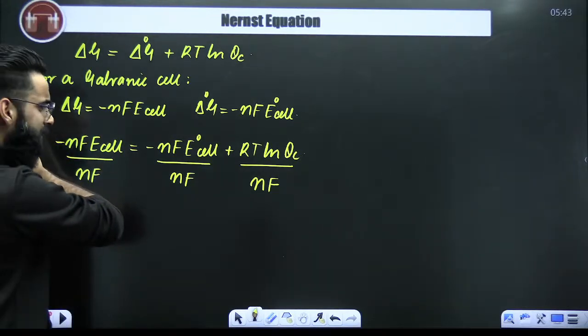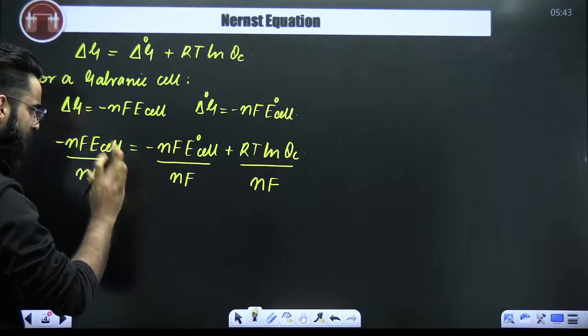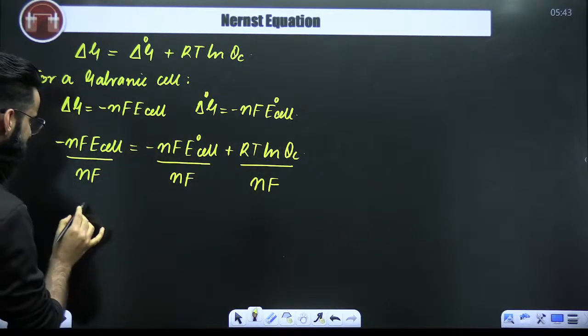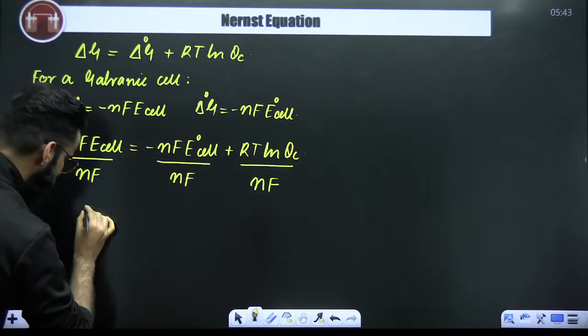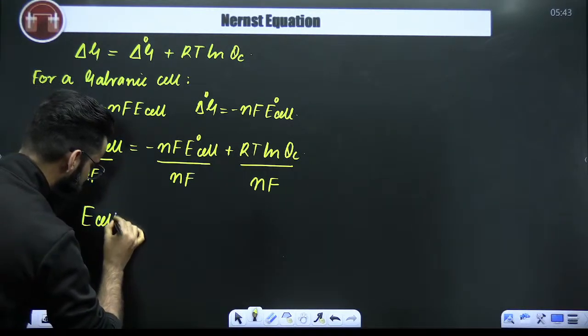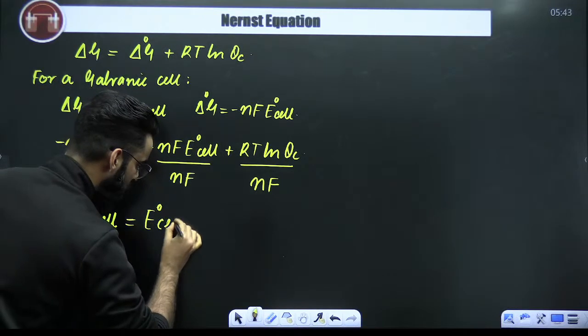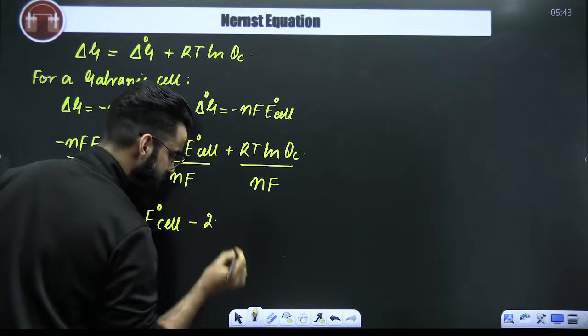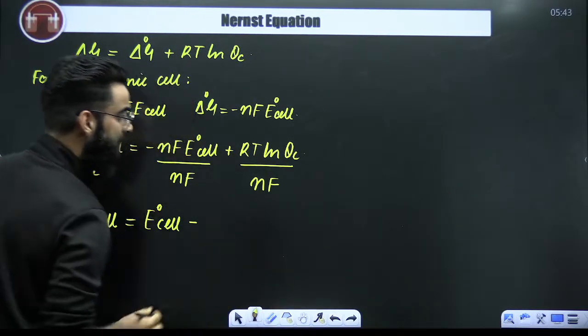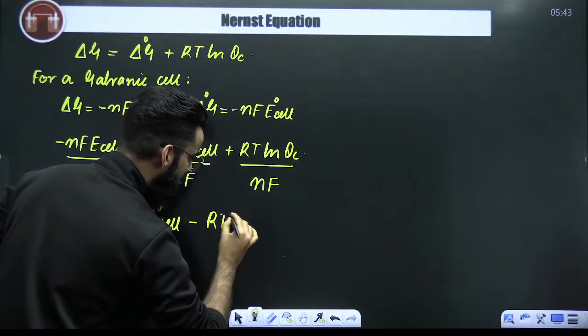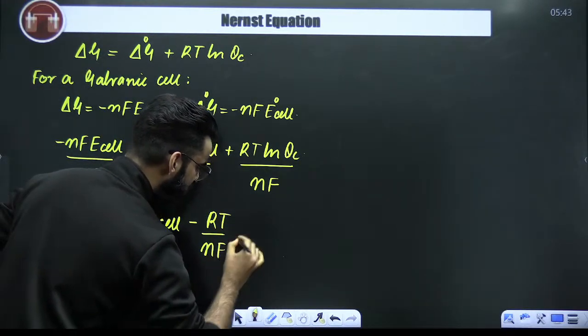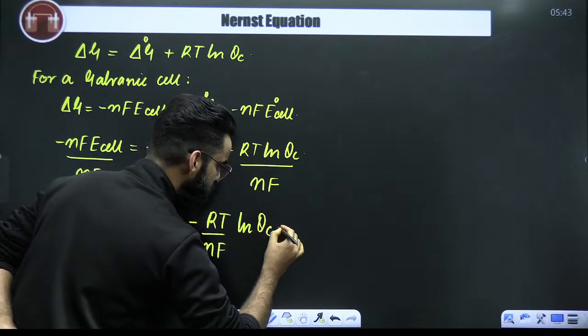You can multiply throughout with the minus sign, and minus becomes plus. So you get one equation: E cell is equal to E naught cell minus RT divided by nF, ln of Qc.